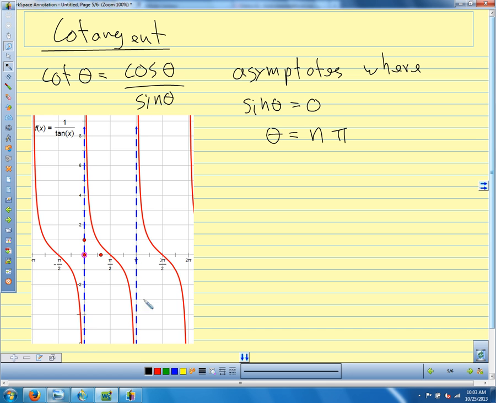There's an asymptote at pi. We have another asymptote here at 2 pi, at negative pi, etc. So a couple other important things about this function. It is also odd. And it is decreasing. So as we move from left to right, it's going downhill.